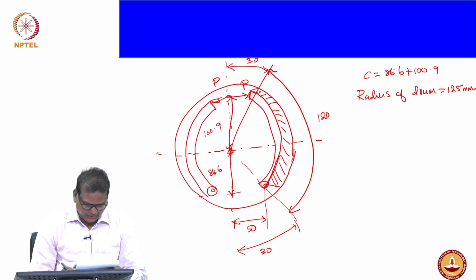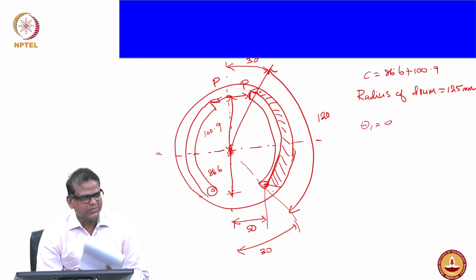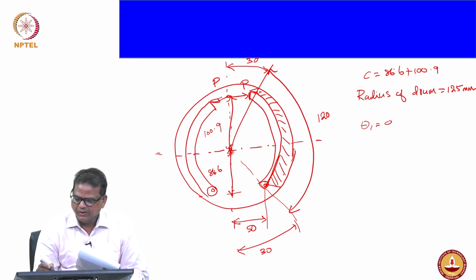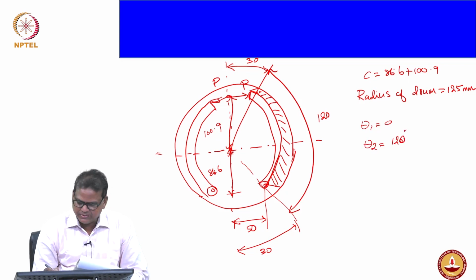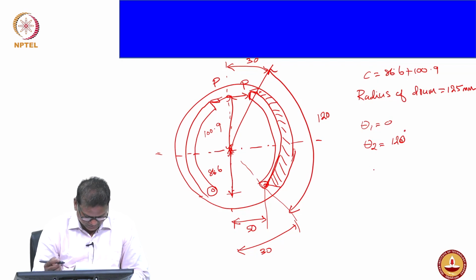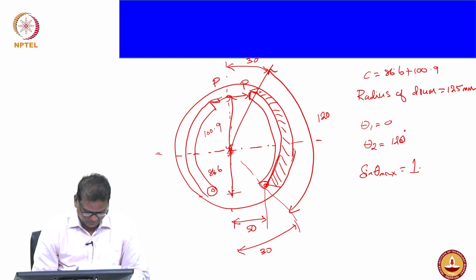Theta 1 is 0, because it starts straight away from the pivot. Then theta 2 equal to 120, that we got from here. Then how about theta max? Generally sin theta max is equal to 1, it cannot go beyond 1, that is already given.